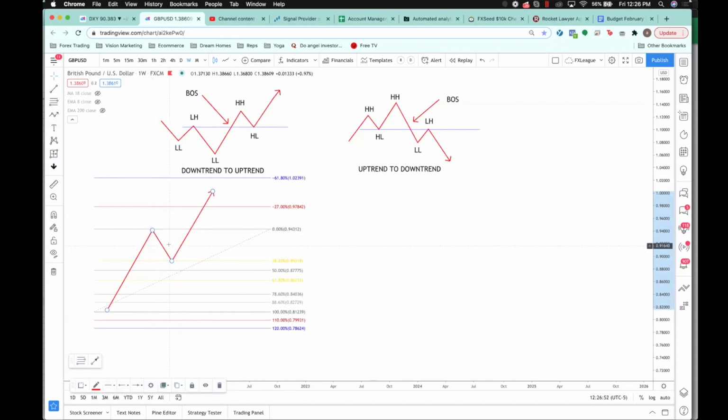And think of it logically, all this is showing us is that buyers are in control, and then sellers step in, in an uptrend in a buyer's market, and they say, okay, we're driving price down to a specific level, while buyers are still in control. And then buyers need to step back in and say, okay, this is the lowest price that we'll go in this uptrend.